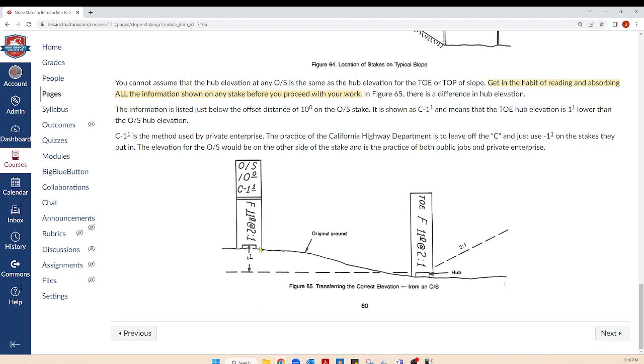So that means I'm up here. I need you to start 1.1 lower than my hub, this surveyor's hub. So it's going to say cut 1.1, 10 feet out here. So we'd have to come out here and move dirt probably before we even got the first stake in the ground, so we could set that hub 1.1 below that right there.